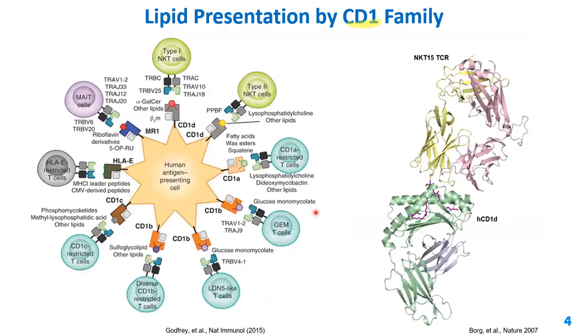So here you have your natural killer cells, okay, the two types of natural killer cells, so type 1 and type 2. Okay. What they are going to do, they're going to use the T cell receptor that they have, or semi-invariant T cell receptors, right? Because remember, natural killer cells are part of your innate immune system, right?